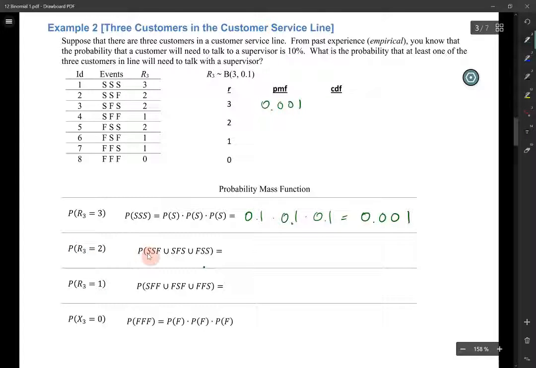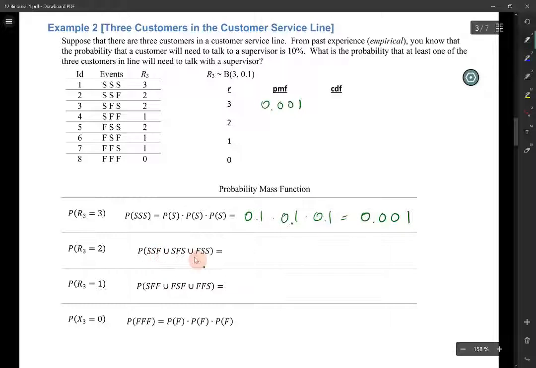From here, it's either the first 2 need to talk to the manager and the last one doesn't, or possibly the first one and the third one do and the second one doesn't, or maybe the first one doesn't, but the last 2 in sequence make the 2. Thinking ahead a little bit, we need to multiply 0.1 for a success and then another 0.1, and then instead of a third 0.1 cubed, it's going to be 0.9.